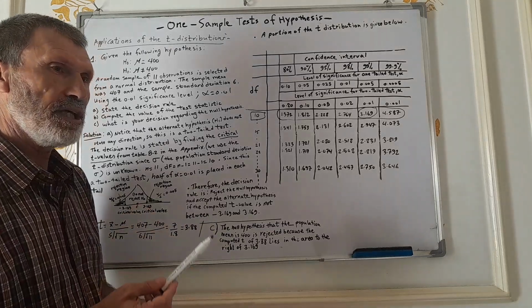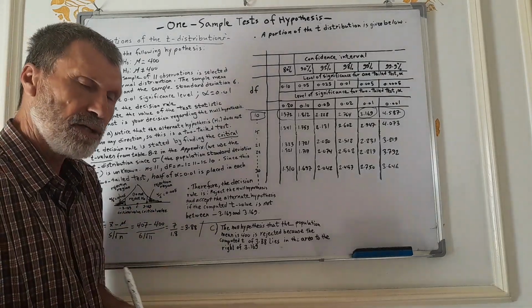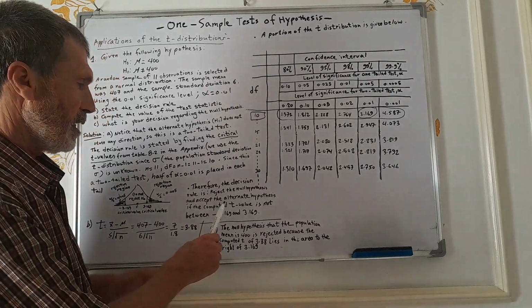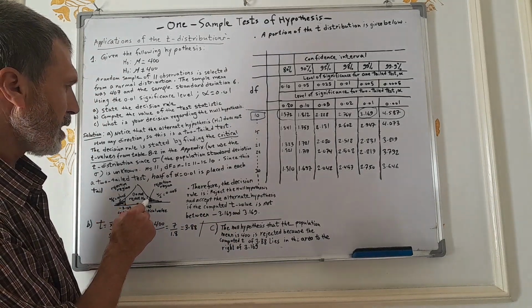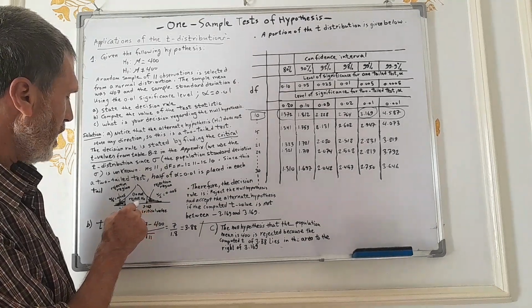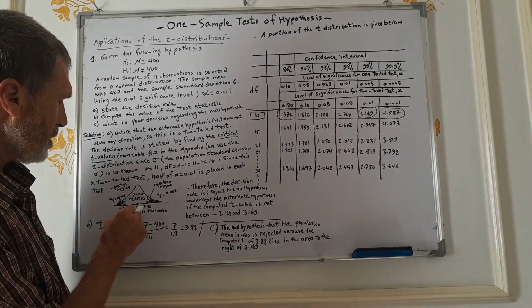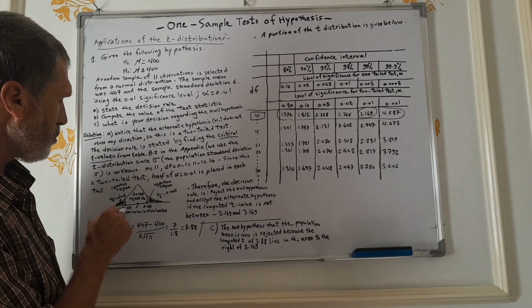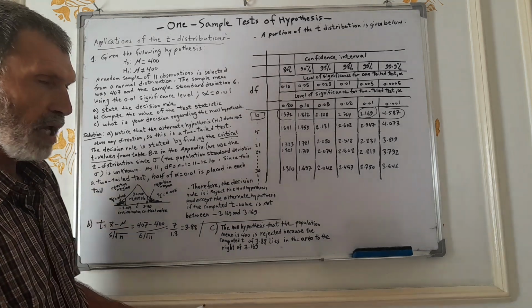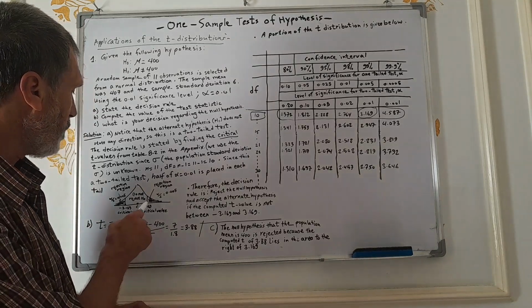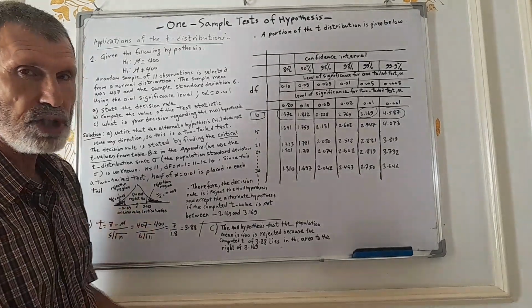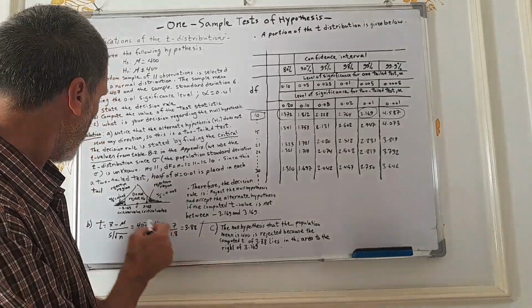If the T calculated value is not in either area here, okay, is not between these two values, 3.169 and minus 3.169, then of course we have to take a decision here. So as long as it is not between these, then we have to reject the null hypothesis. That will be part A.